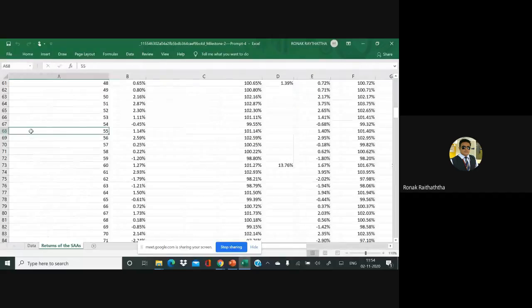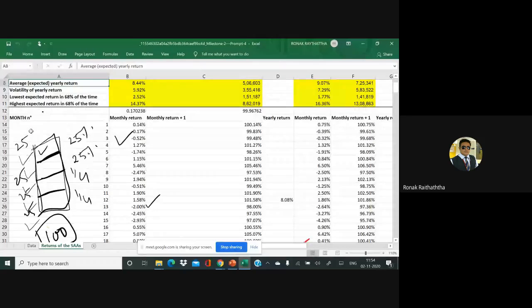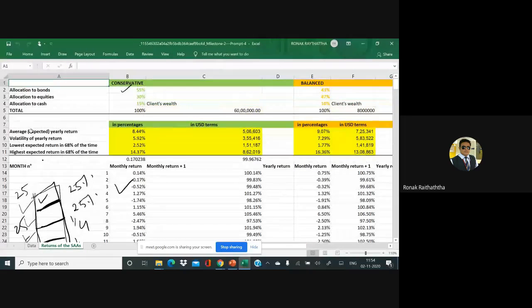Okay, it's open, sharing my screen with all of you. Everyone should be able to see the monthly return volatility, lowest expected return, highest expected return, some portfolios.